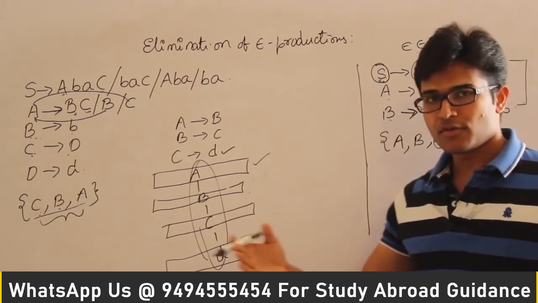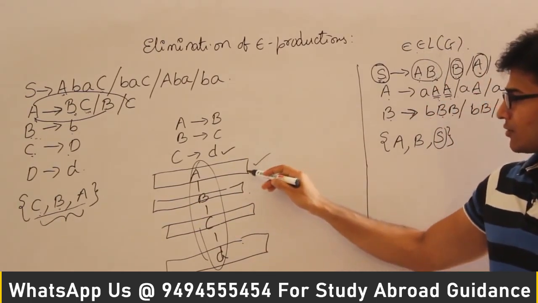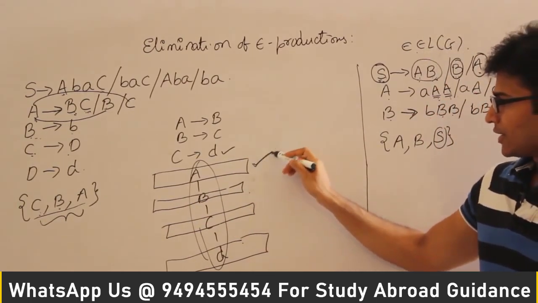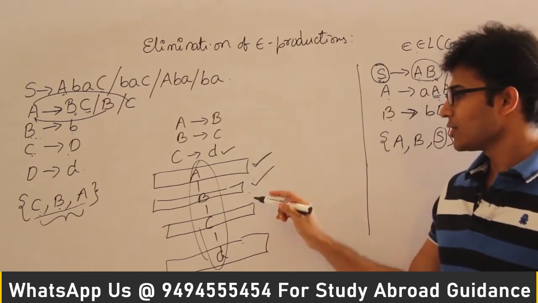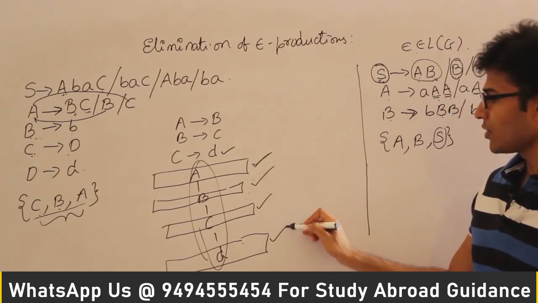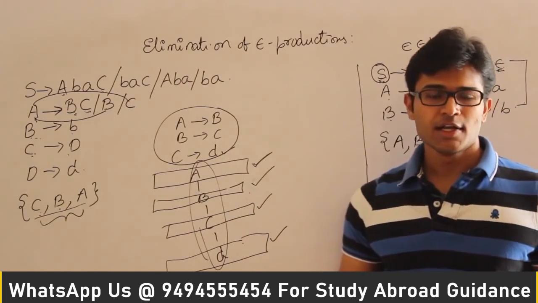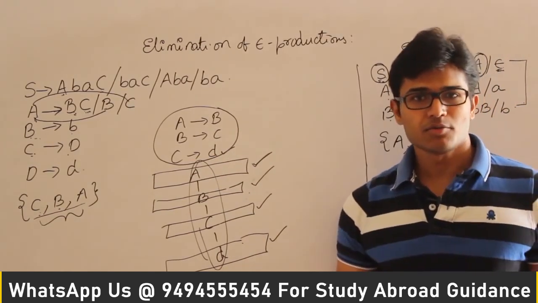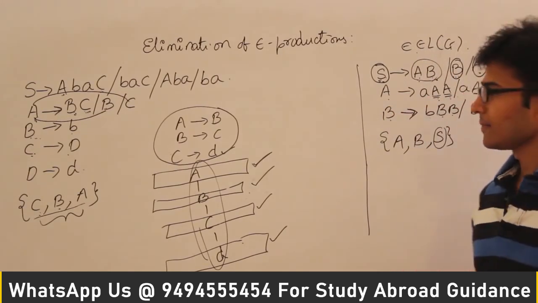Either you should increase the length of the string, or it should increase the number of terminals in the string. But if you look at this, neither is increasing. Therefore we are not going to use unit productions in any valid context free grammar. So we want to eliminate unit productions. In the next example we shall see how to eliminate unit productions. Okay.